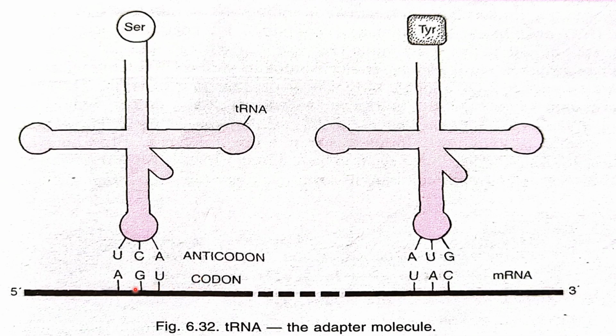This is mRNA. Codons are present on mRNA. This is tRNA, and anticodons are present on tRNA on the anticodon loop. When there is complementary interaction between codon and anticodon, a specific amino acid binds to the 3' end of tRNA.